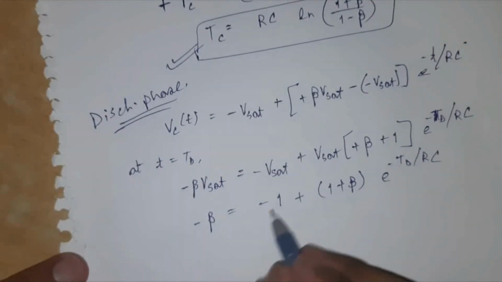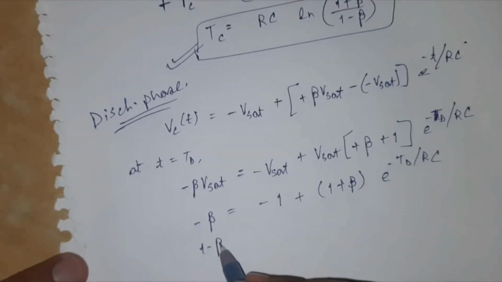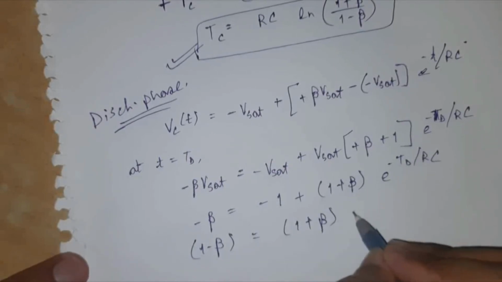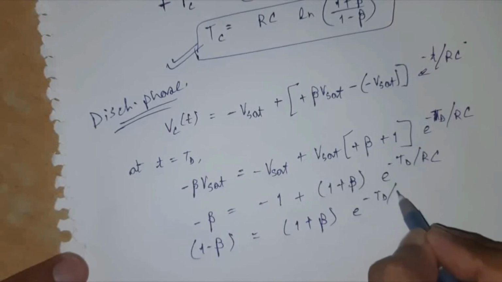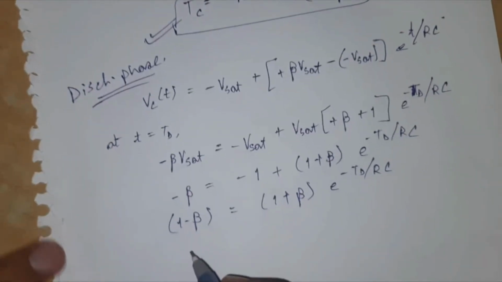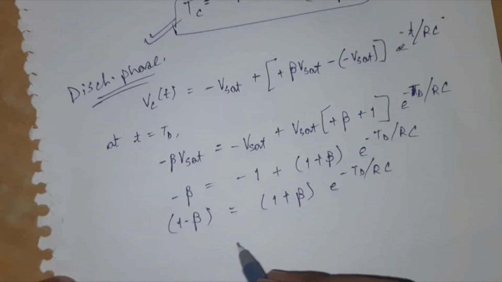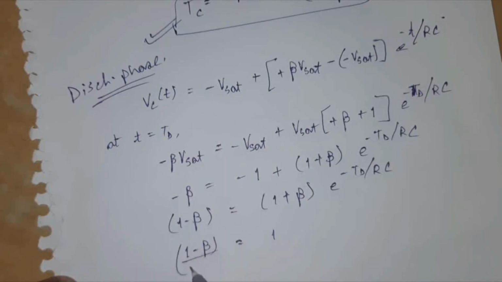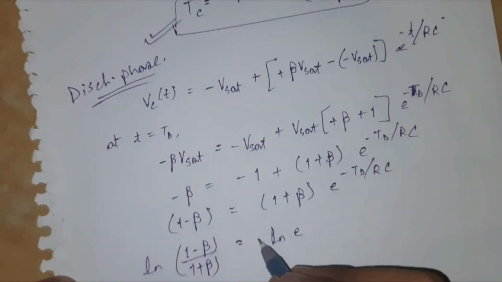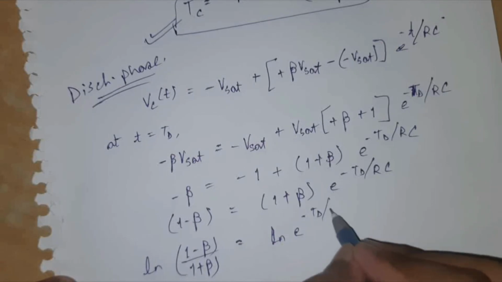Then just bring it this side: 1 minus beta is equal to (1 plus beta) e to the power minus Td by RC, and then taking natural log on both the sides, we get, bring this on the left side, ln of (1 minus beta) by (1 plus beta) equals ln of e to the power minus Td by RC.